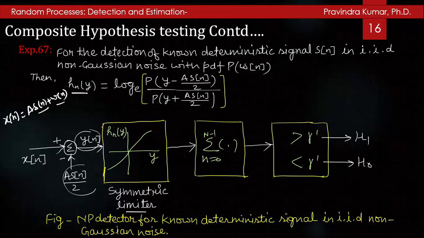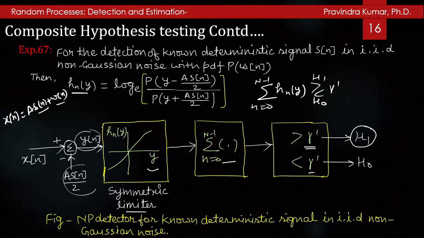So you have calculated this value, and after taking the summation over n of this h(y[n]), compare it with the threshold value gamma dash. If this value is greater than the threshold value gamma dash, then you will decide hypothesis H1 is correct, and if it is less than the threshold value, then you will decide H0 is correct.